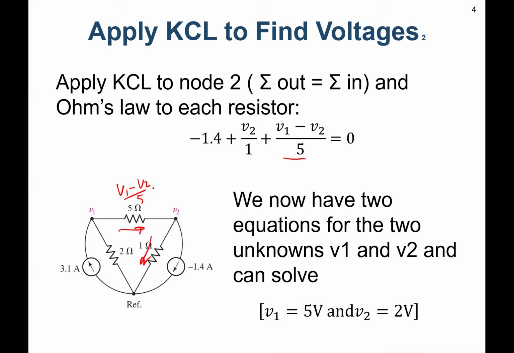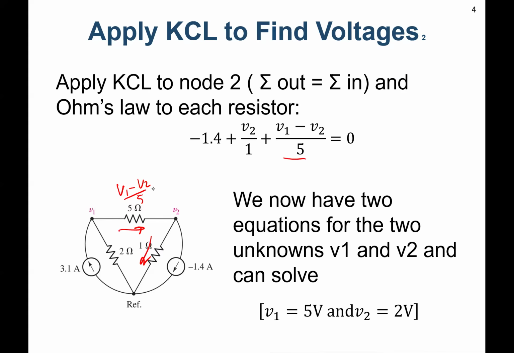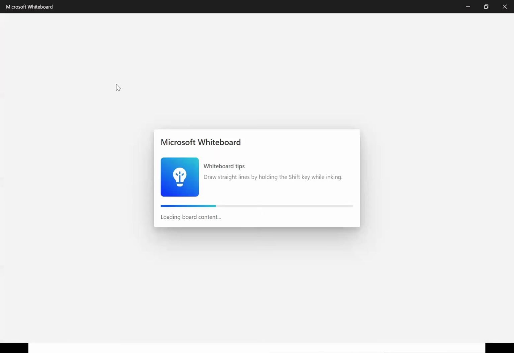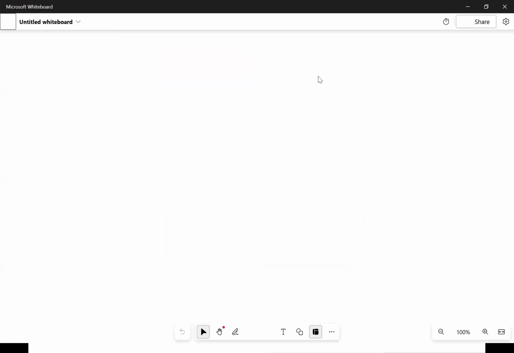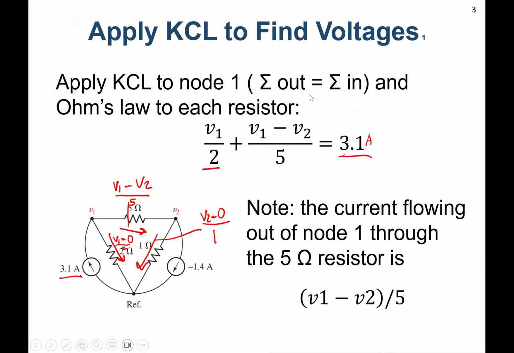And then we have these answers. All right, so here is how I suggest you do these problems. So we have two equations. Let me launch whiteboard real quick. All right, so my first equation is here.